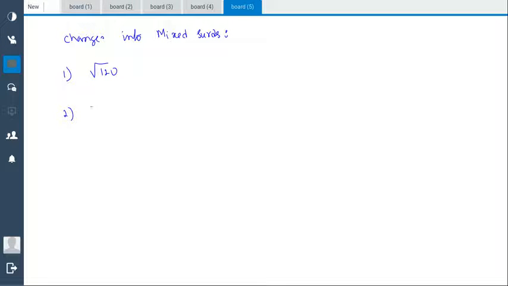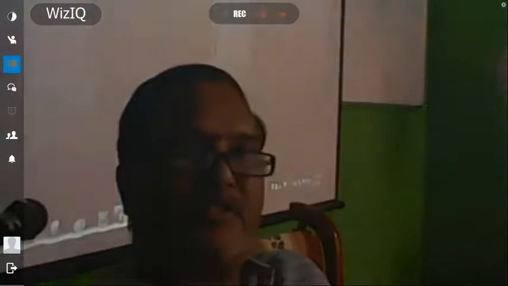Second question: cube root of 250. Third question: fourth root of 48. Fifth root of 128. Shall we start doing these questions?